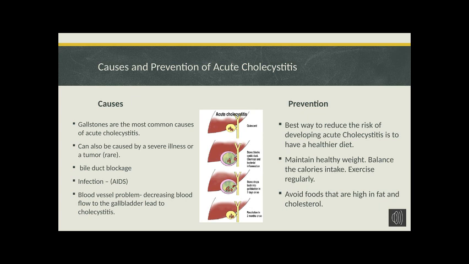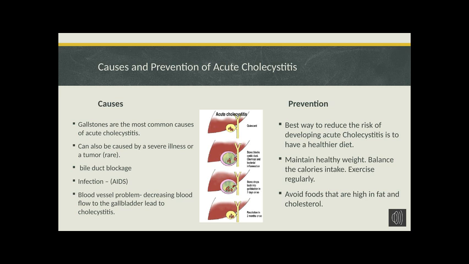Let's talk about causes and prevention of acute cholecystitis disease. Some causes. Gallstones are the most common cause of acute cholecystitis. It can also be caused by several illnesses or tumors. A tumor can block the bile duct.